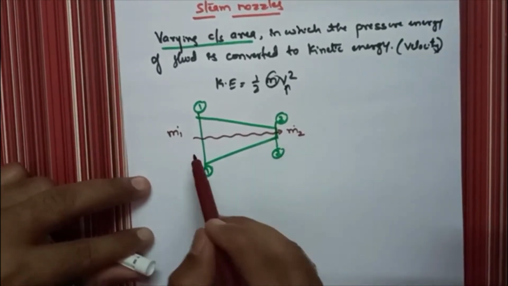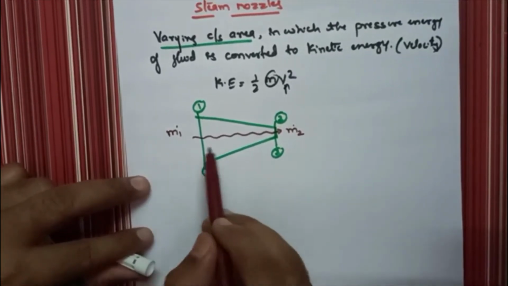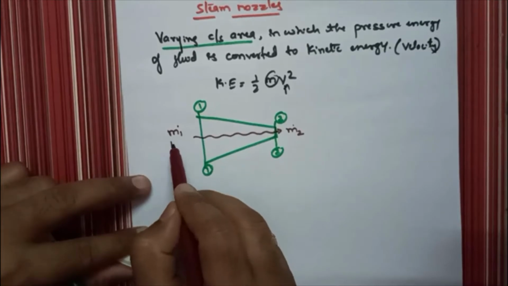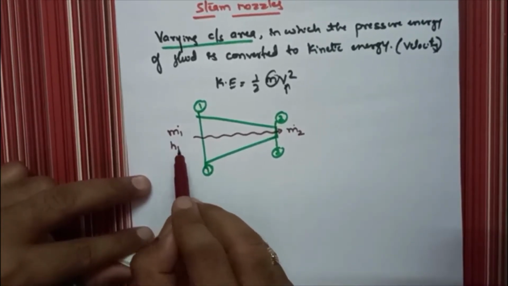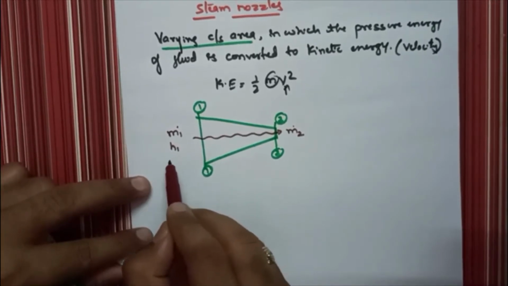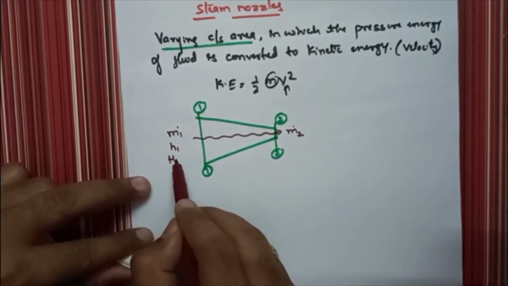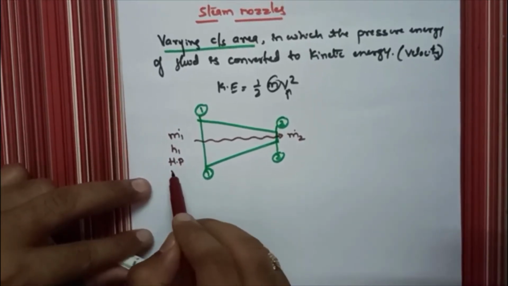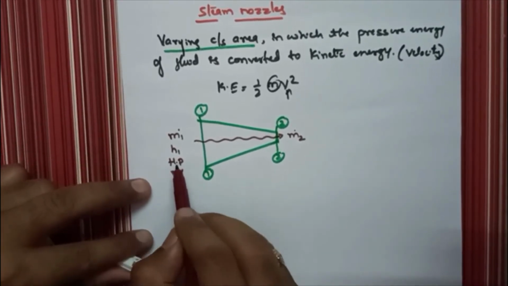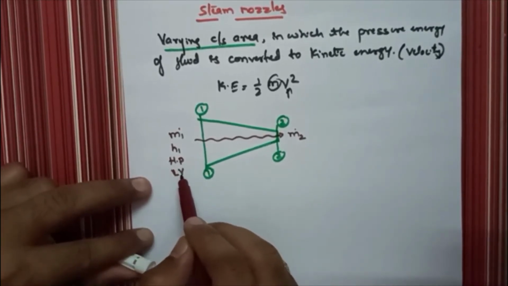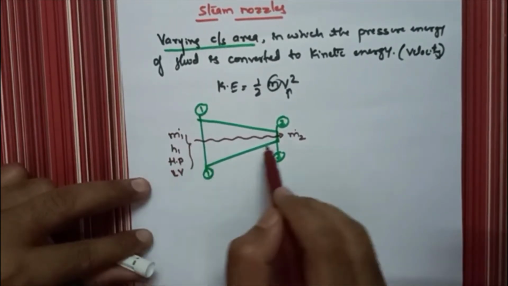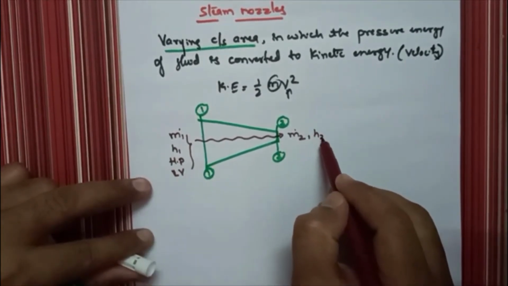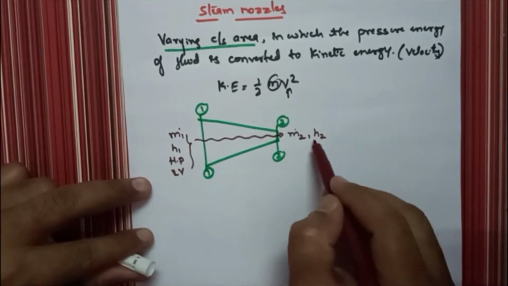Means m1 and m2, this mass flow rate of steam through the nozzle. h1 is enthalpy of the steam which is passing through the nozzle, and similarly pressure is high pressure and low velocity. So when there is a high pressure, obviously velocity will be low. So these are the parameters of the steam at the inlet. Similarly h2 is enthalpy of the steam at the outlet.